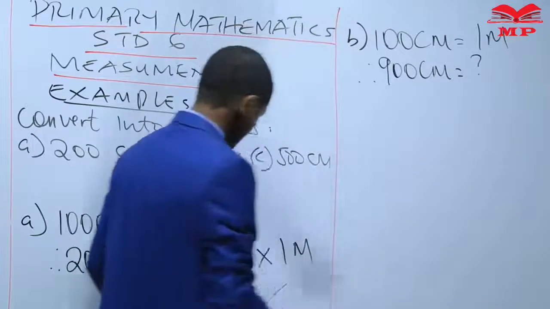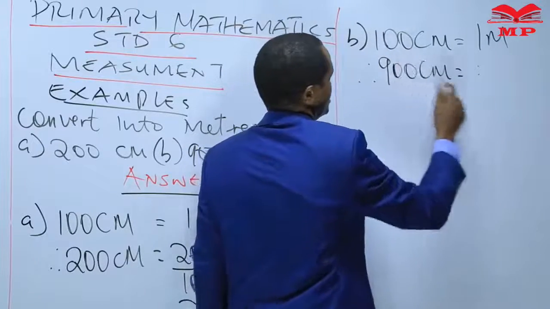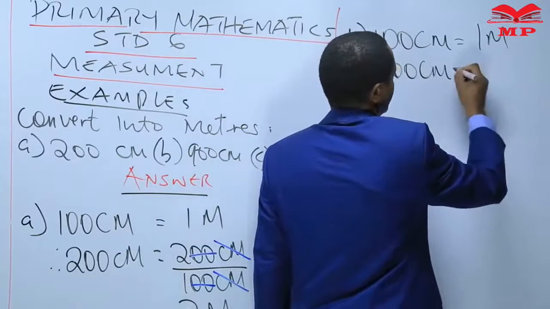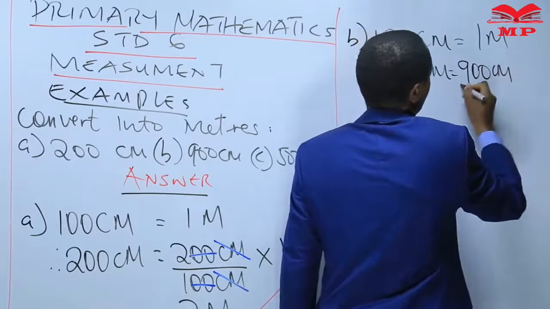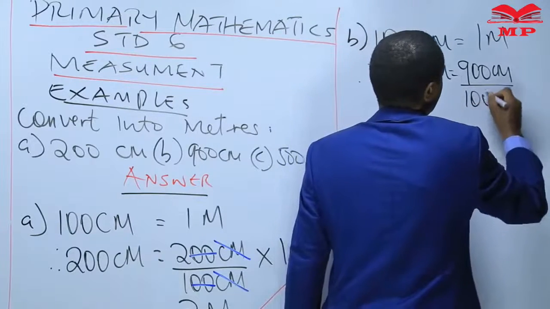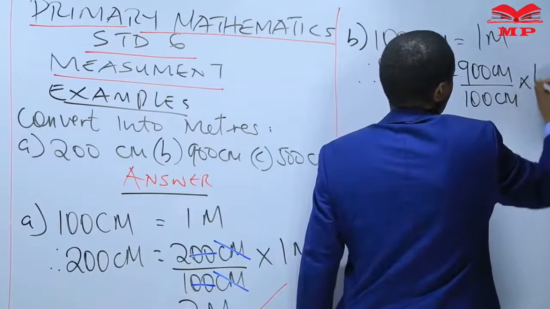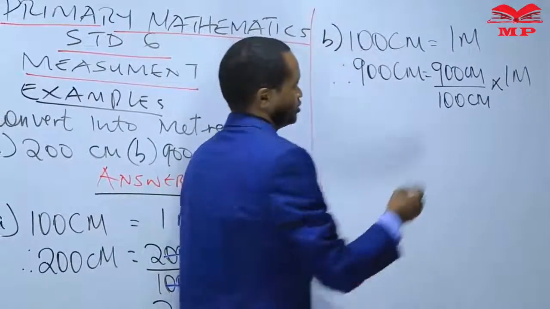Just the same way I did here, I'll get the reciprocal of these two. I write 900 centimeters over 100 centimeters times 1 meter. These centimeters will cancel out.